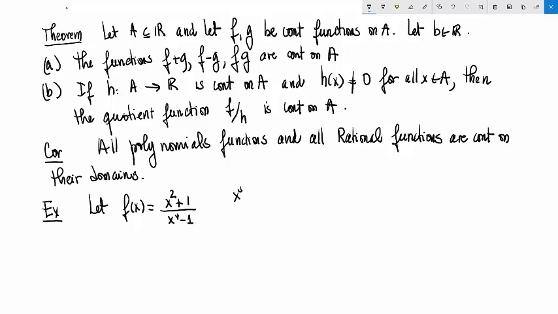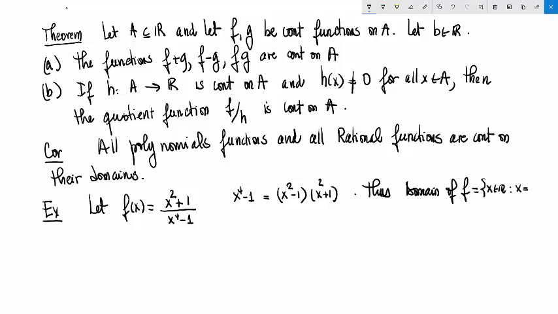Notice that x to the power 4 minus 1 can be rewritten as x squared minus 1 times x squared plus 1, and as such, thus the domain of f is the set of all real numbers such that x is not 1 and x is not minus 1.